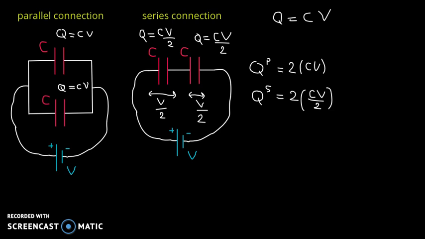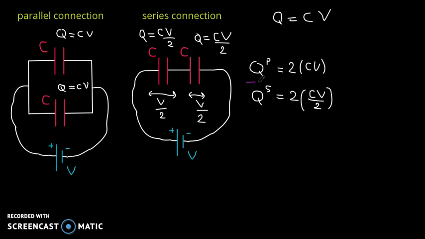The total charge for the parallel case is going to be equal to 2 times CV, each capacitor having a charge equal to C times V. And in the series case, the total charge is going to be equal to 2 times CV over 2, again CV over 2 being the charge stored in a single capacitor in the series connection.